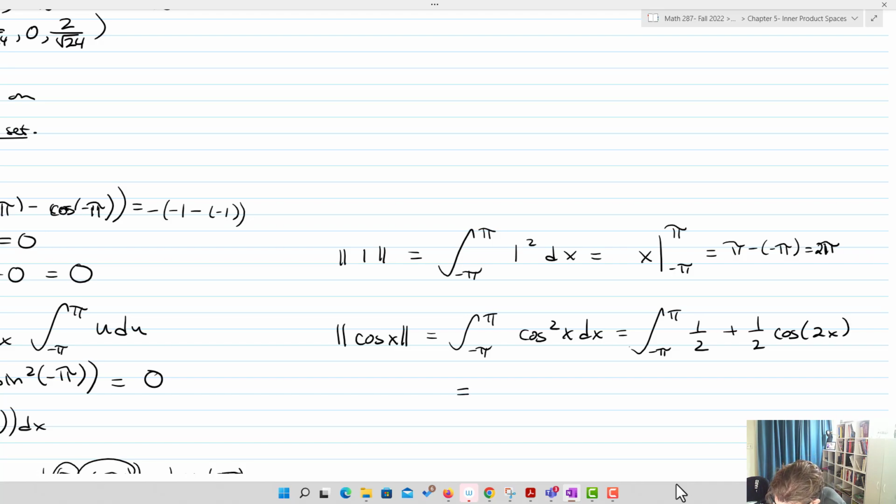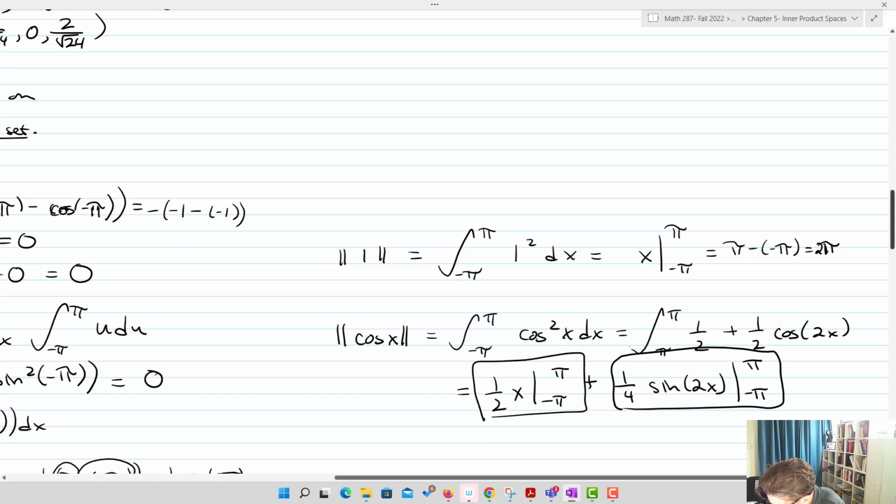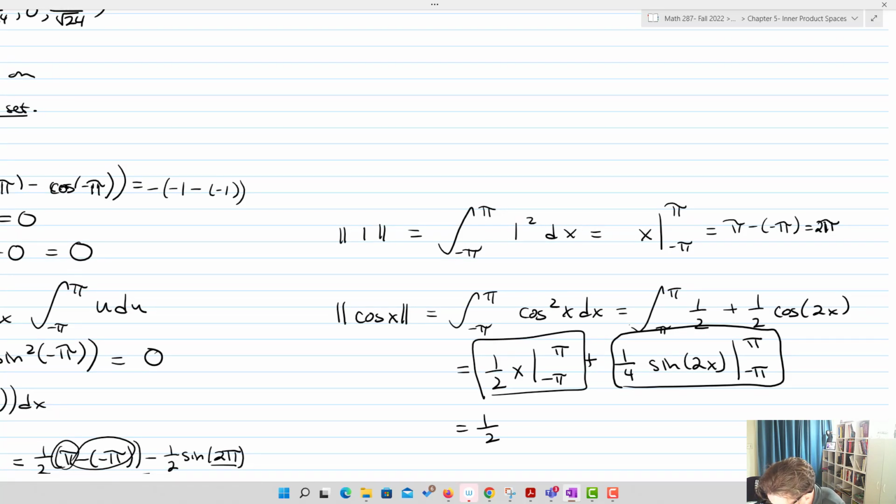And so this will equal 1/2 x evaluated from negative pi to pi plus 1/4 sine 2x evaluated from negative pi to pi. What we know is this is going to end up zeroing out just like it did last time. So what we're left with is this thing here. So this is going to end up equaling 1/2 of pi minus a negative pi, which just equals pi.